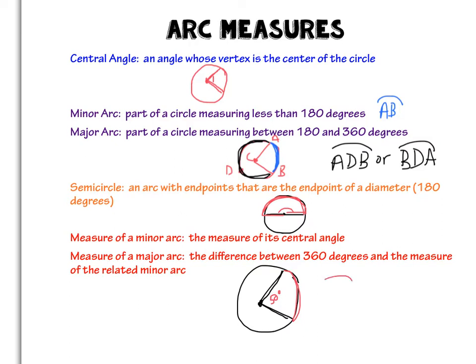We would say minor arc equals 50, and because the circle equals 360 degrees, the rest of the circle would have to be 310. So we would label it A, C, B, and put our D here, and say arc ADB equals 310.